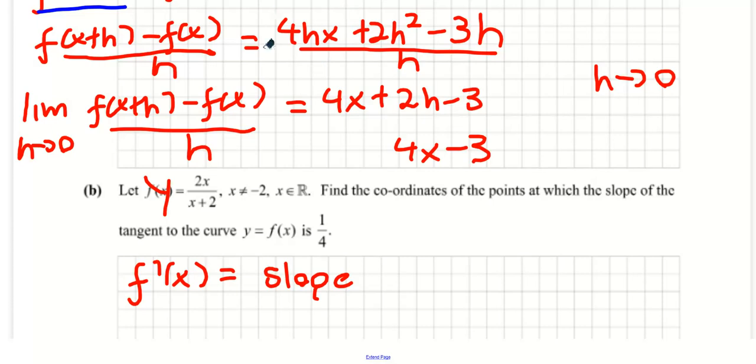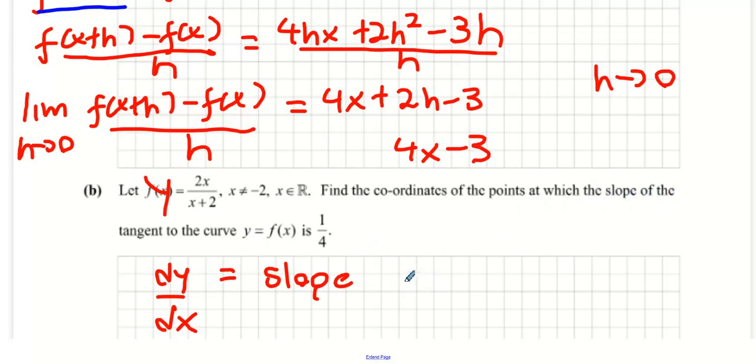And then the first derivative could be the y. Very important that you know that there's two pieces of information stored in here. The original formula tells you the x and y coordinates. The differentiated formula tells you the slope. Agreed? Now, find the coordinates of which the point of the slope of the curve is a quarter.